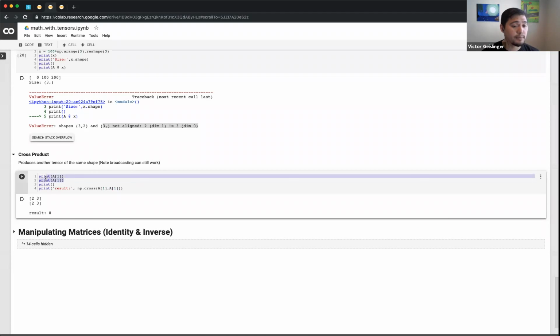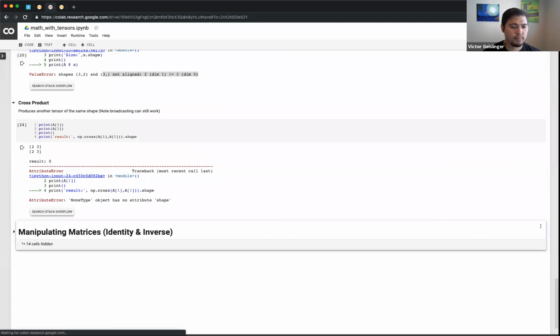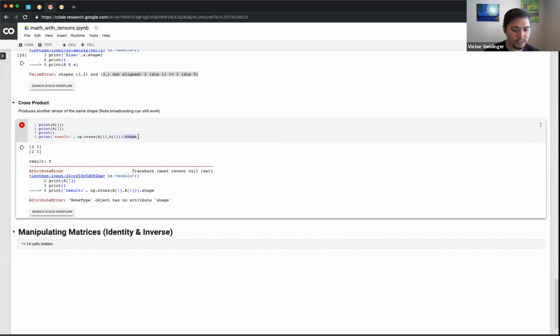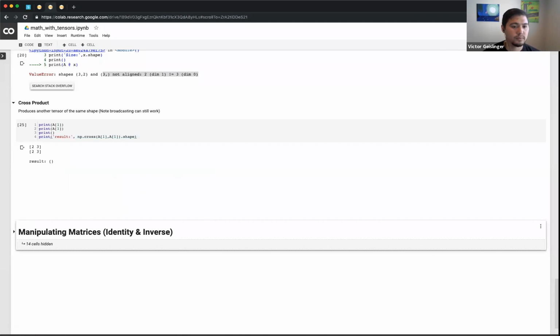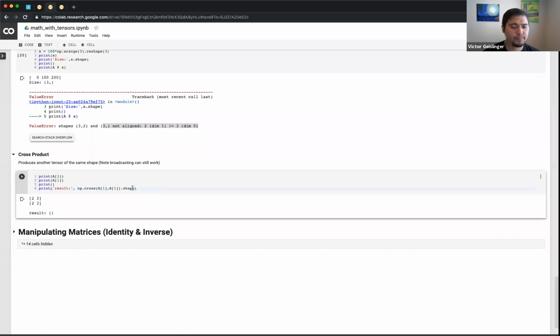But basically, the main thing with the cross product is that it should produce a result of the same shape. So maybe if I do .shape, you can see what this is. Oh, because I'm doing print. Interesting. Okay, let's give this a scalar. I have to double check what I'm doing here.